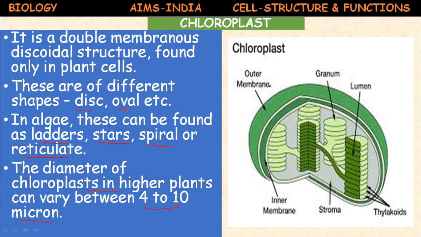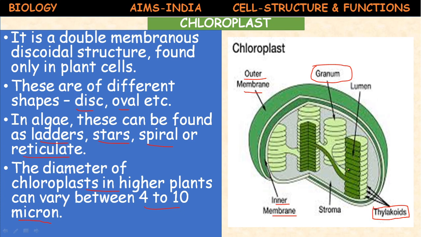So there are two membranes, the outer membrane and inner membrane. The inner membrane consists of several discoidal plate-like structures called grana, thylakoids or granum.